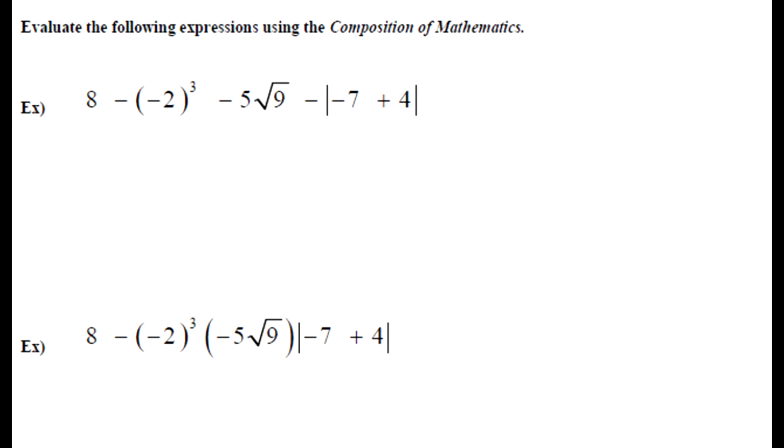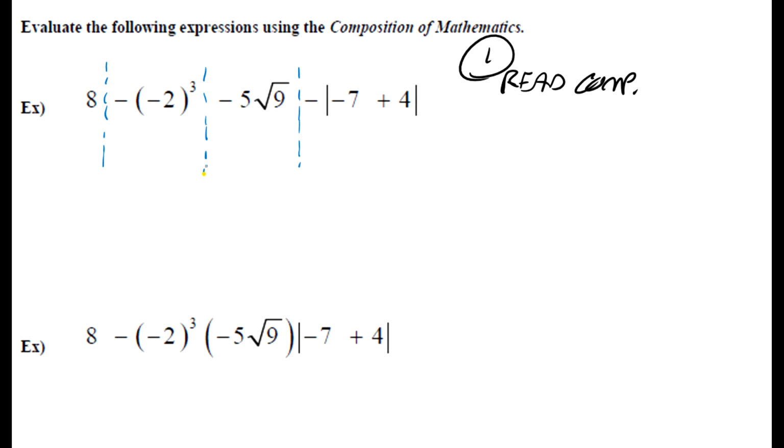So when we evaluate this first expression, again, we're using and reading composition first. So step one, read composition. All right, so I'm looking for my individual terms separated by plus or minus outside of grouping symbols.